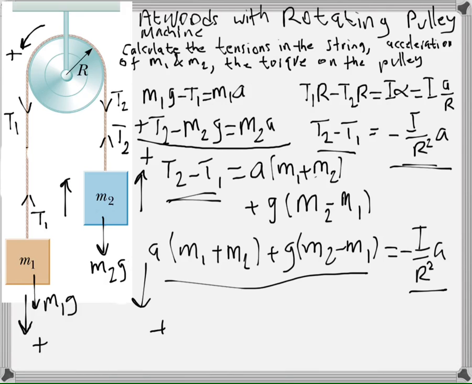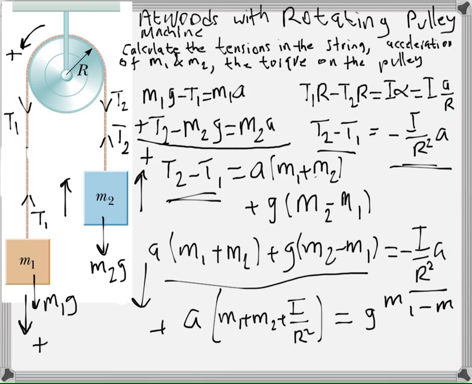Let's take all the A's on the left-hand side: A times M1 plus M2 plus the moment of inertia of the pulley divided by r square, and on the right-hand side I have M1G times M1 minus M2, right?